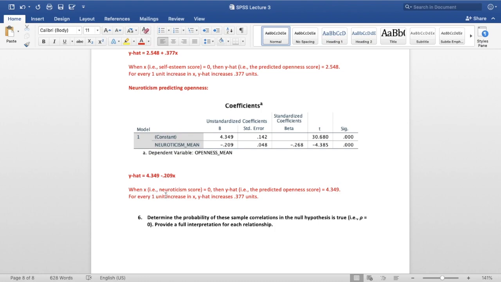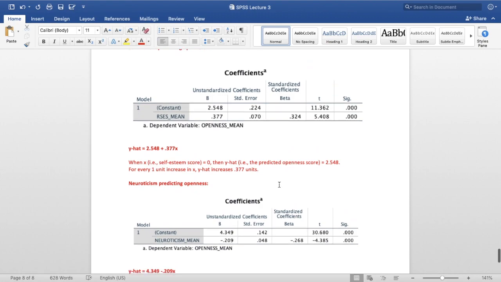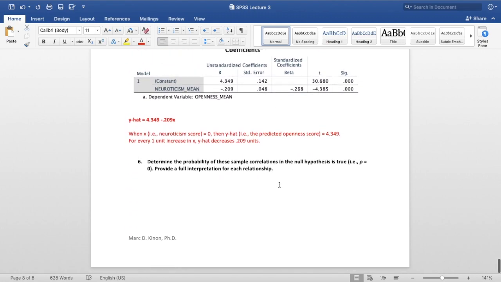For every 1 unit increase in x, y hat is going to decrease because it's negative. Y hat decreases 0.209 units. Okay. So that's all we have to do with regression.